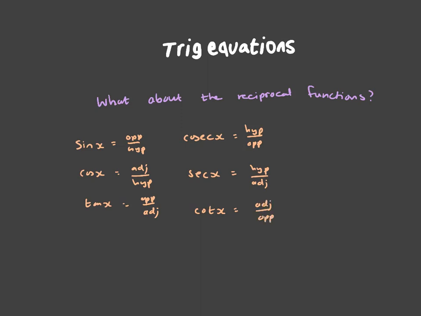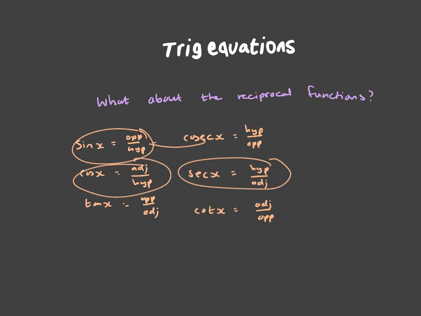So if you know sine, you know cosec, because it's just the reciprocal: opposite over hypotenuse becomes hypotenuse over opposite. If you know cos, you know sec, and tan, of course, goes together with cot.